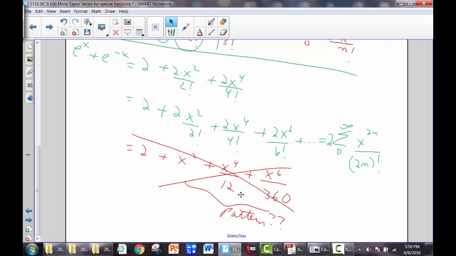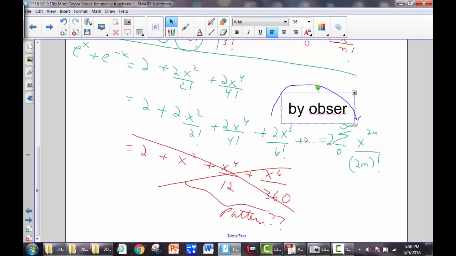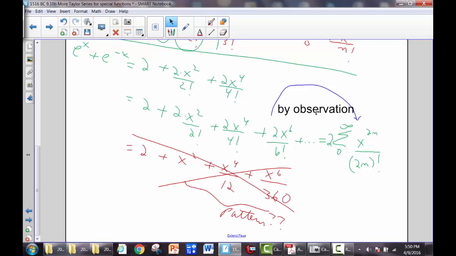If you expand this, it's impossible to see the actual pattern. And as I said, you are doing this from here to here by observation. So that's how you're doing that, by observation.